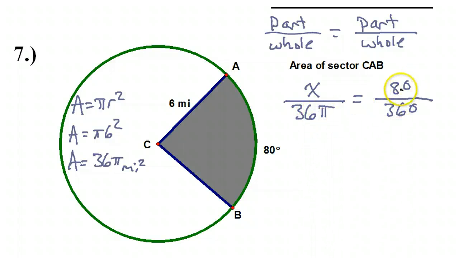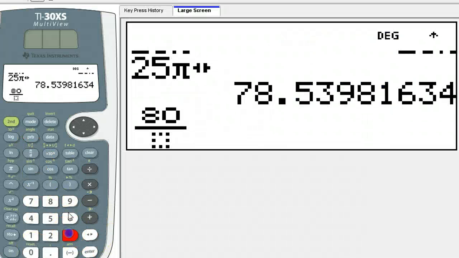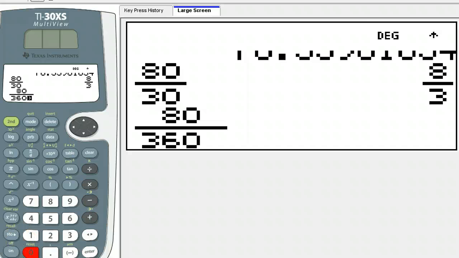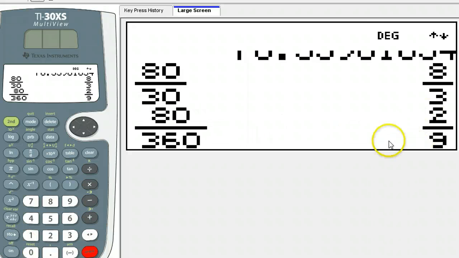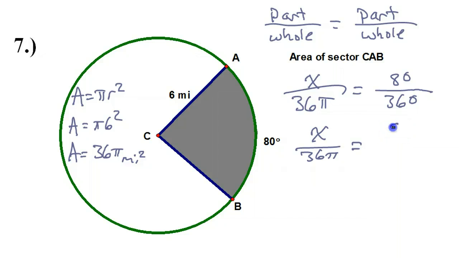I like to reduce this, so 80 over 360. Whoops, I missed a number. Let's try that again. 80 over 360. So that's 2/9. So what we have then is x over 36 pi is equal to 2/9.